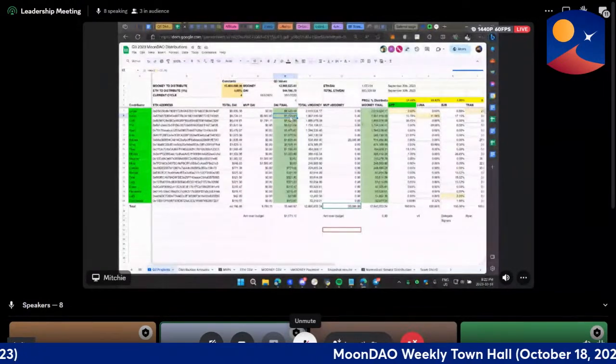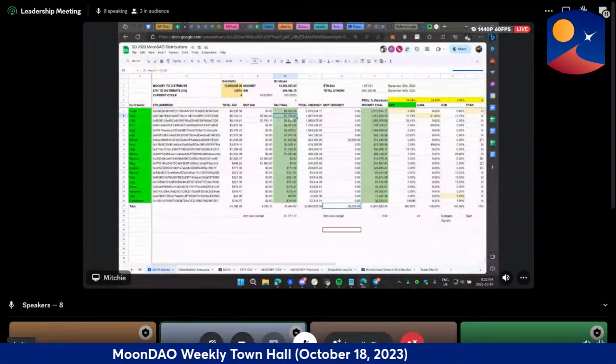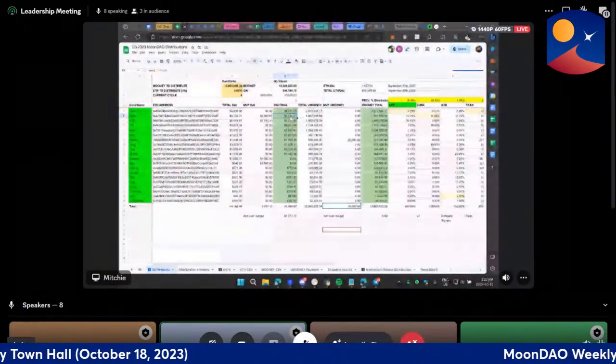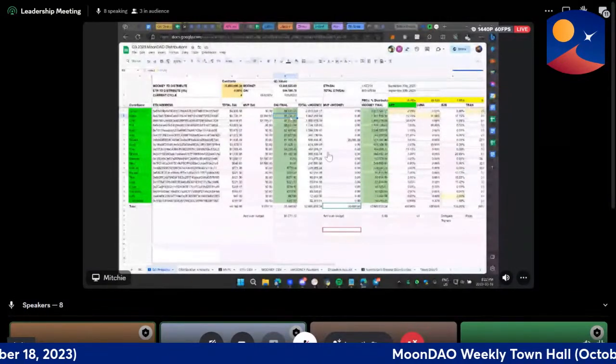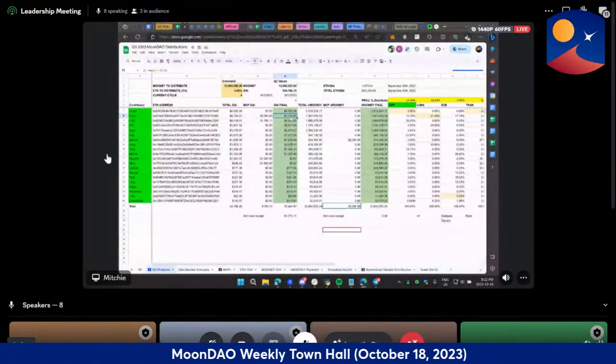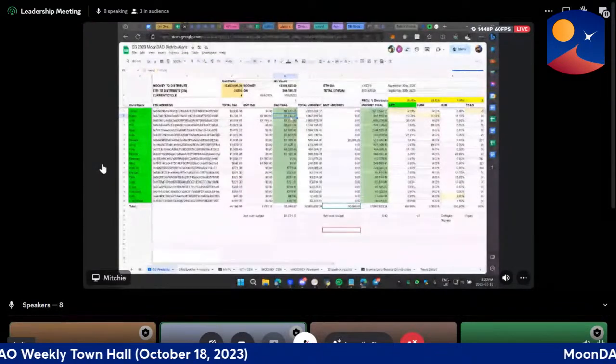I am noticing one small thing that I think needs to be added, which is that each of the signers also gets 1% of the project rewards for the proposals. Do they? Yeah, so that'll need to be added, but it's a small thing. It'll probably change the values just slightly.